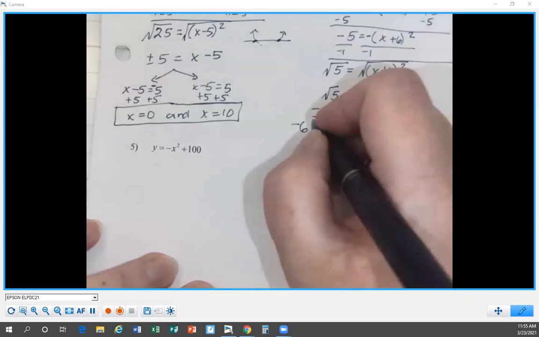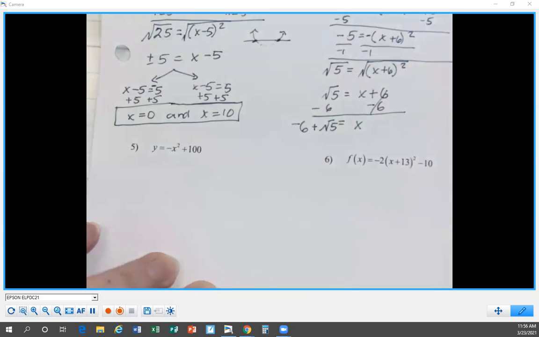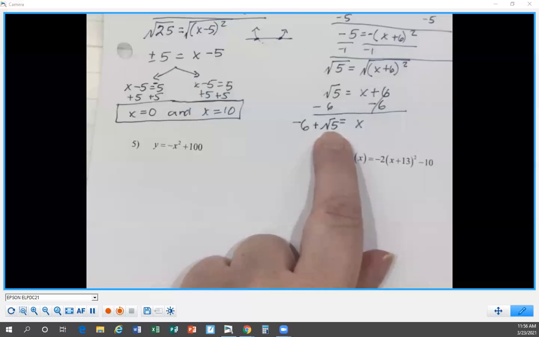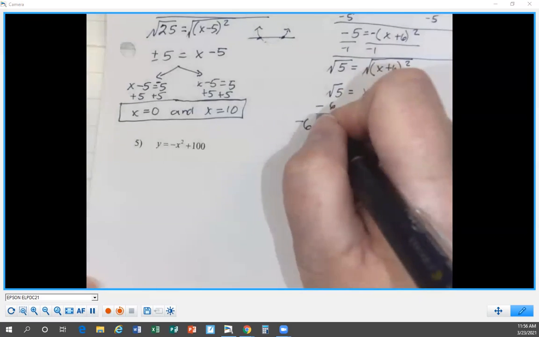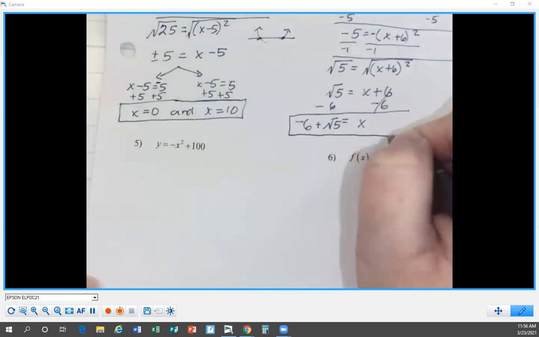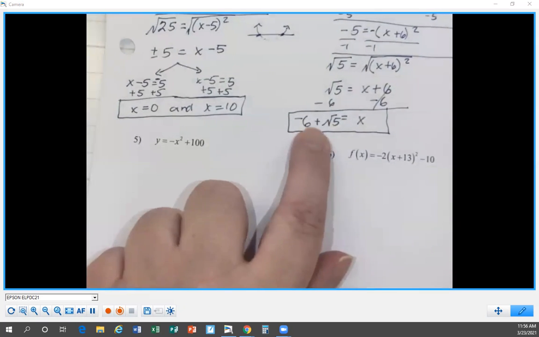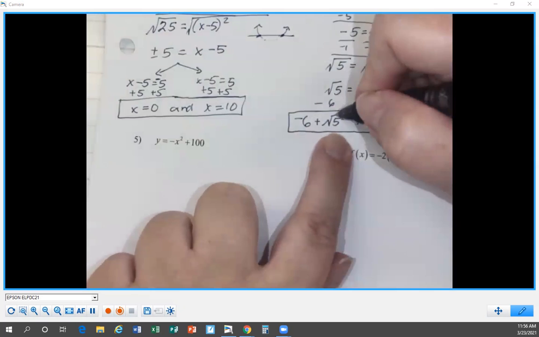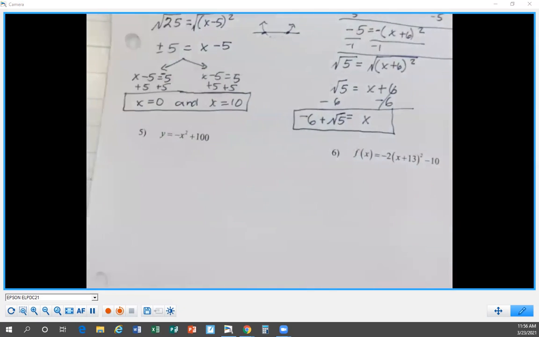So we'll say plus √5, and that's the exact answer. You could get a decimal approximation, but we're going to start getting used to leaving this in exact form, okay? So our exact answer is x equals -6 plus √5.